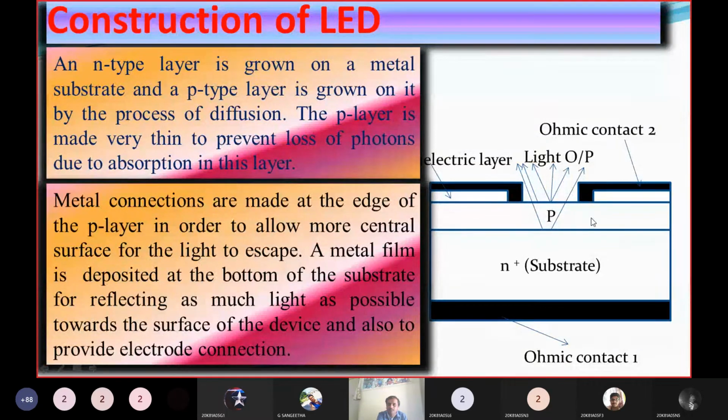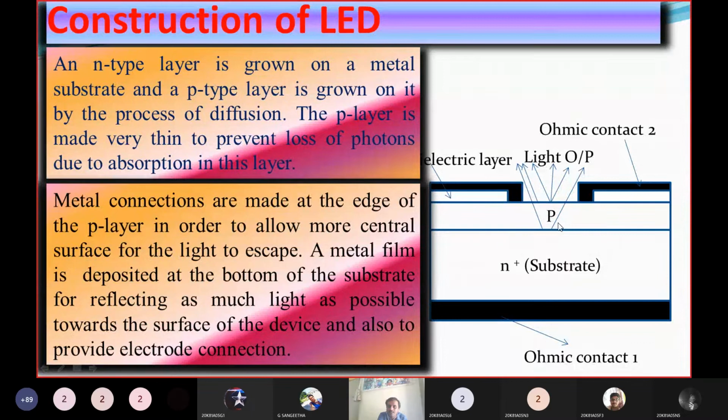Okay, one more thing we have to observe here. The thickness of the P layer will be very small, because light will be emitted only at the junction. If the P layer thickness is high, some light may be absorbed by the P region.